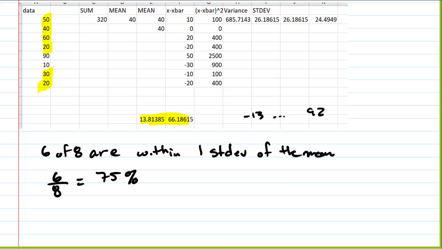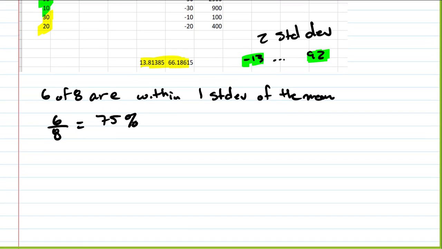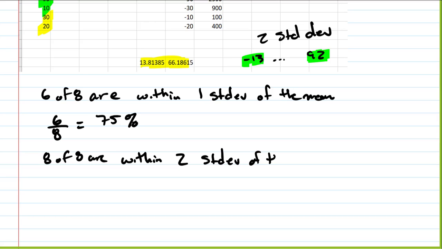And we'll notice with both of those values, in between these, that's 2 standard deviations. We pick up the last 2 values. In this case, it's 100%. So in this example, 100% of them are within 2 standard deviations of the mean.